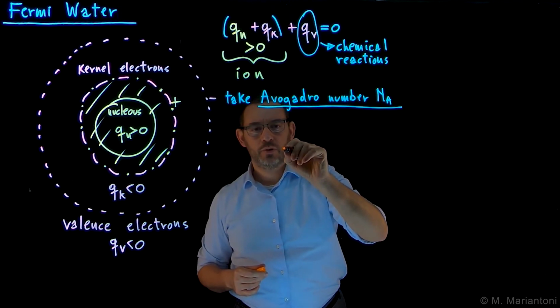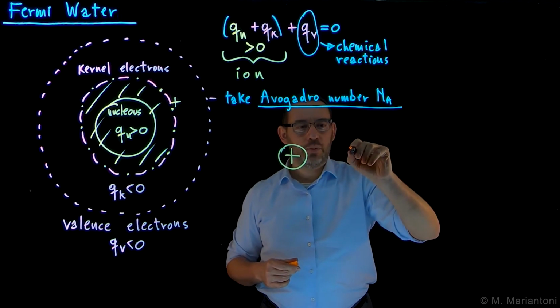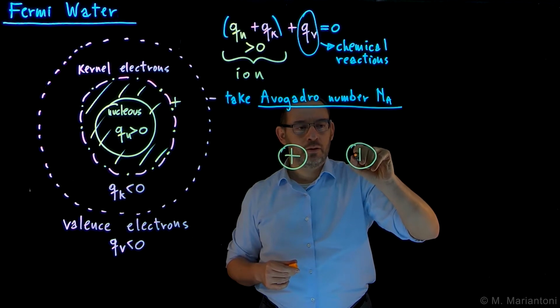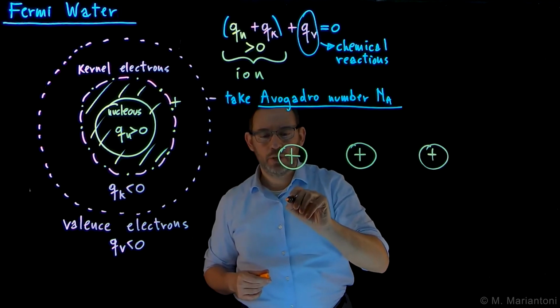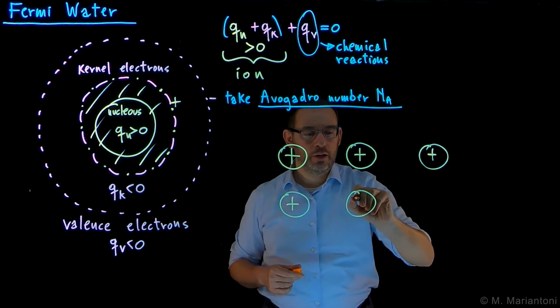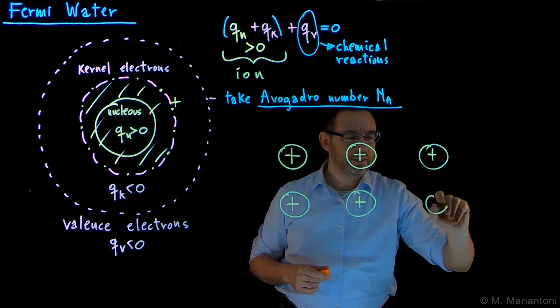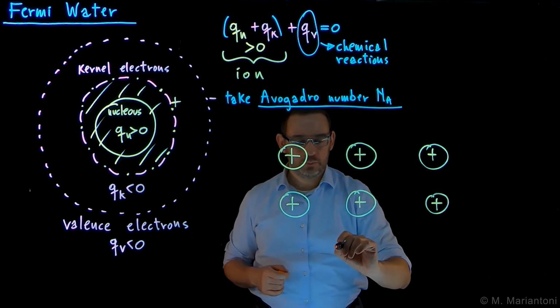So for example, we will have a positive ion here, another positive ion here, one more here, etc., forming a sort of periodic structure. And of course, you should think about it in three dimensions. So these are all the fixed ions.